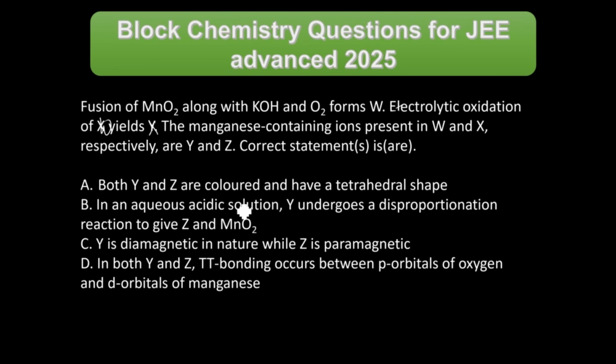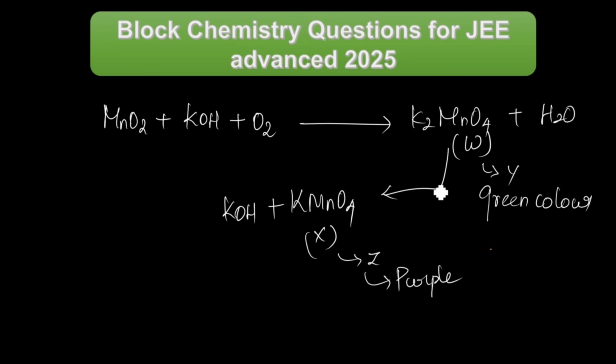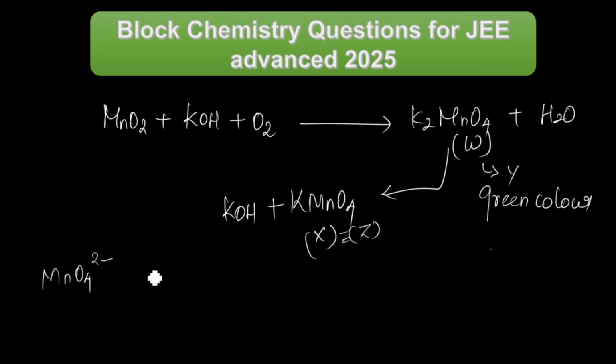MnO4 2- is also tetrahedral in shape, but they do not have the same color. They are colored, and they didn't mention same color, so we can take that as a correct statement. Then, in an aqueous acidic solution Y undergoes disproportionation to give Z and MnO2. So Y is MnO4 2-, undergoing disproportionation in aqueous medium.